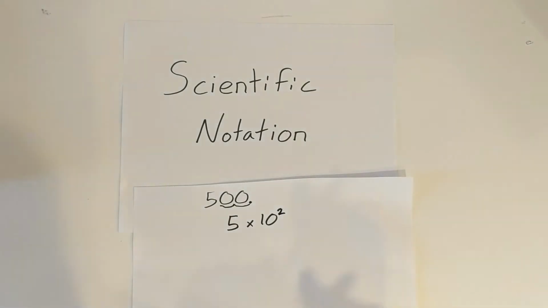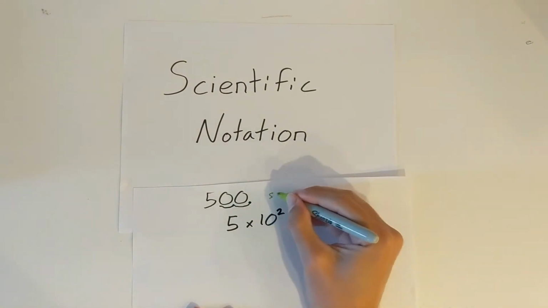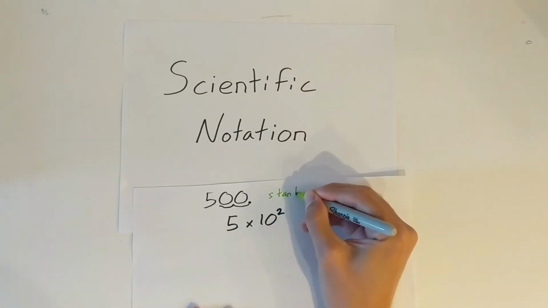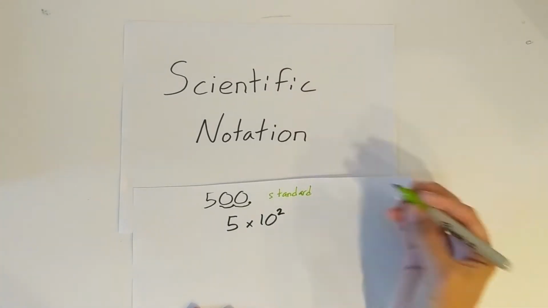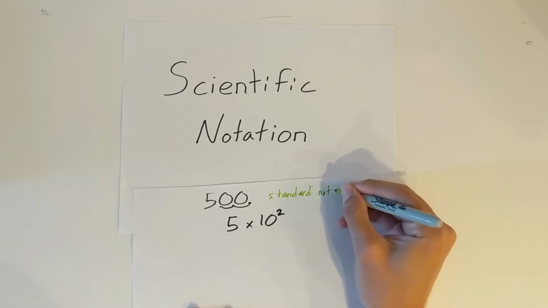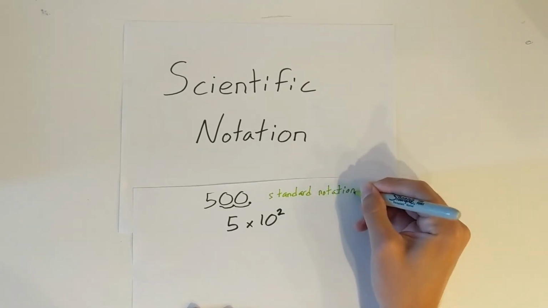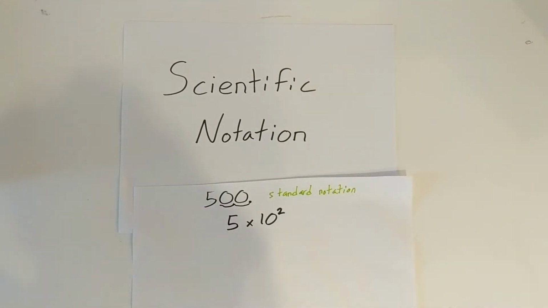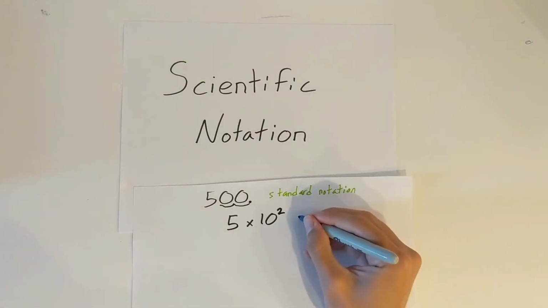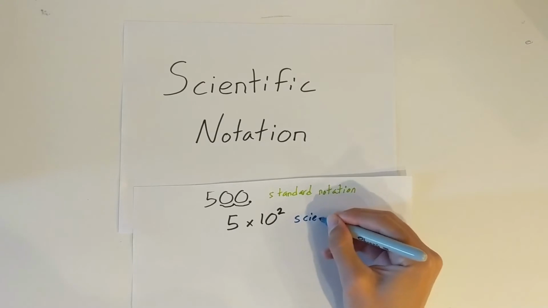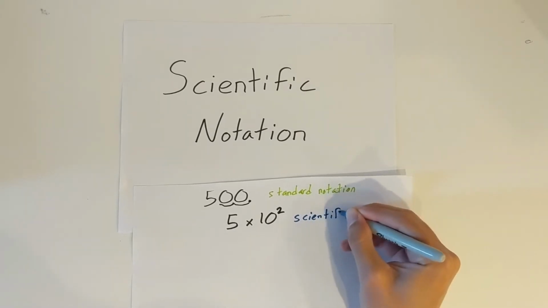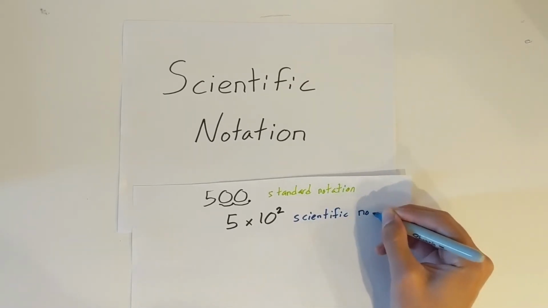So this, 500, is what we would call standard notation. That's the way we normally write things. Whereas 5 times 10 to the second is our scientific notation.